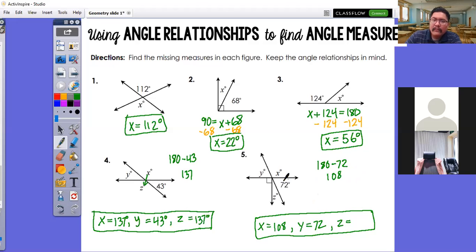All right, now that I have X, I could probably find the vertical angle, but this one's kind of a weird one because look at it. It's split into two separate angles by this thing here. So let's start with what we know. Well, we know that this whole thing right here, see that? That whole thing is going to be 108.